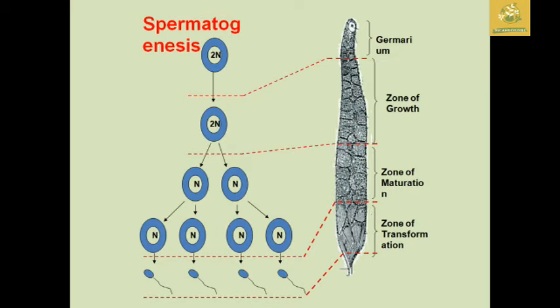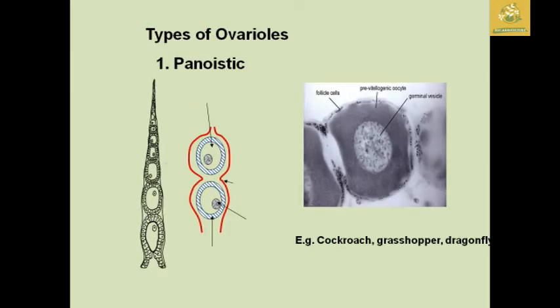Spermatogenesis in the male insect begins in the germarium, where the 2N cells go through a zone of growth and separate, and mitosis takes place after maturation, and in the zone of transformation they are converted to sperm cells in the insect body. That is how the process takes place.